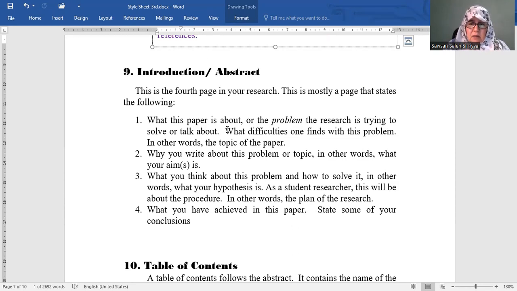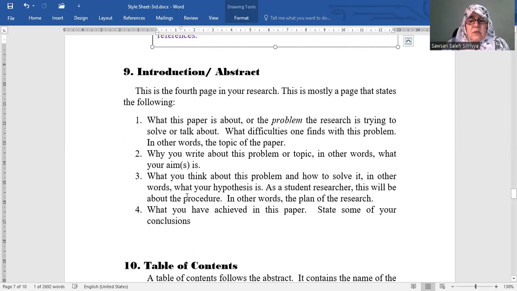These are the difficulties. The second paragraph is about why you write about this problem or topic. In other words, what your aim or aims is. Now, you will find that there is overlap between these two. The third thing is what you think about this problem and how to solve it. In other words, what your hypothesis is.